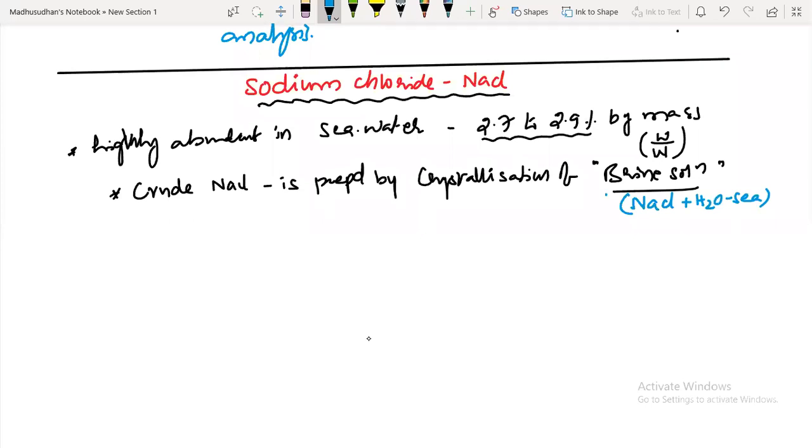But this brine solution has some impurities. Those impurities are magnesium chloride, calcium chloride, and also calcium sulfate and sodium sulfate.